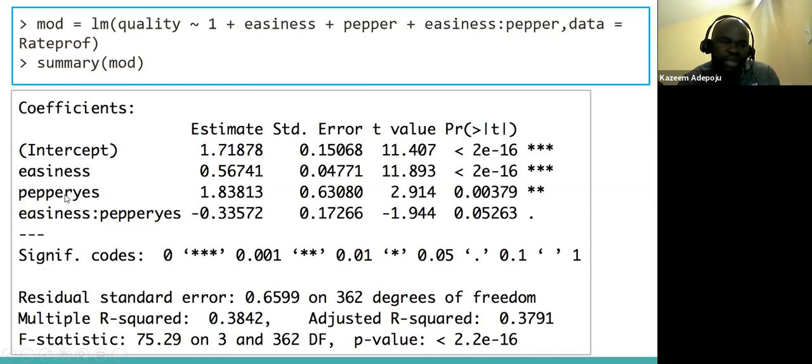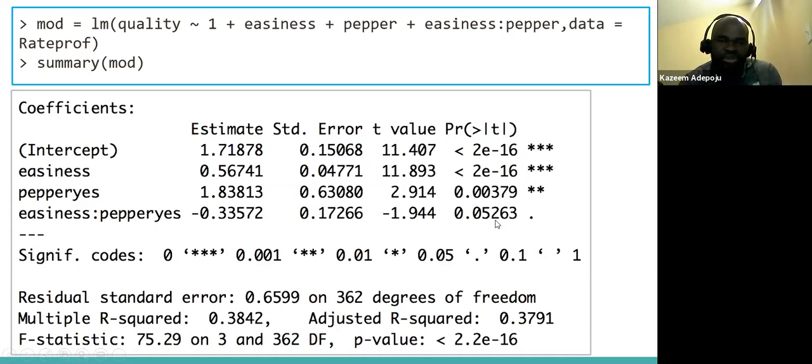When pepper equals 1, we are referring to yes. When pepper equals 0, we are referring to no. That's exactly what we're trying to say. And this is the interaction between them, and this is the estimate. This is the corresponding standard error, this is the t-value, and these are the p-values.